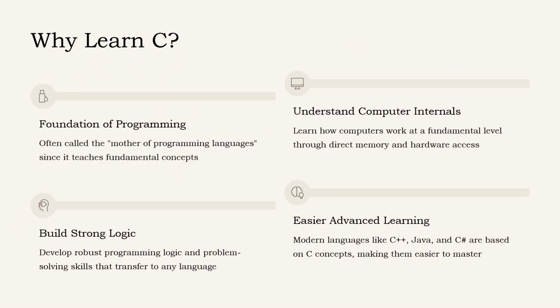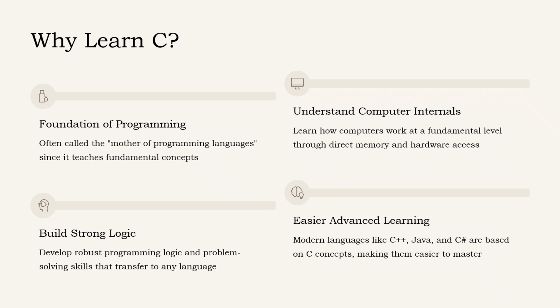Now let us understand why learning C is important. C is often called the mother of many programming languages. Many modern languages are based on C concepts, including C++ and Java. Learning C helps you understand how computers work internally, build strong programming logic, and learn advanced programming languages more easily.